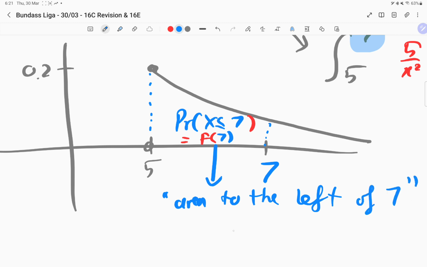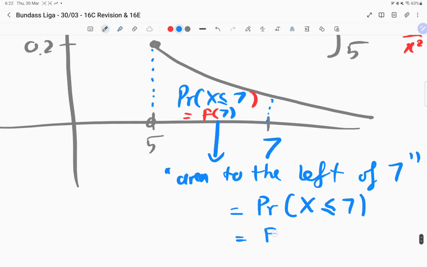Area to the left of 7 is probability of x less than or equals to 7, and that is also the same as the definition of big F. That's why it's big F of 7. Does that make sense, huh? Yeah, big F of x is the area to the left of a certain x value. Right? And if they ask you, oh, what's the area to the left of 7? Then that value is just 7.